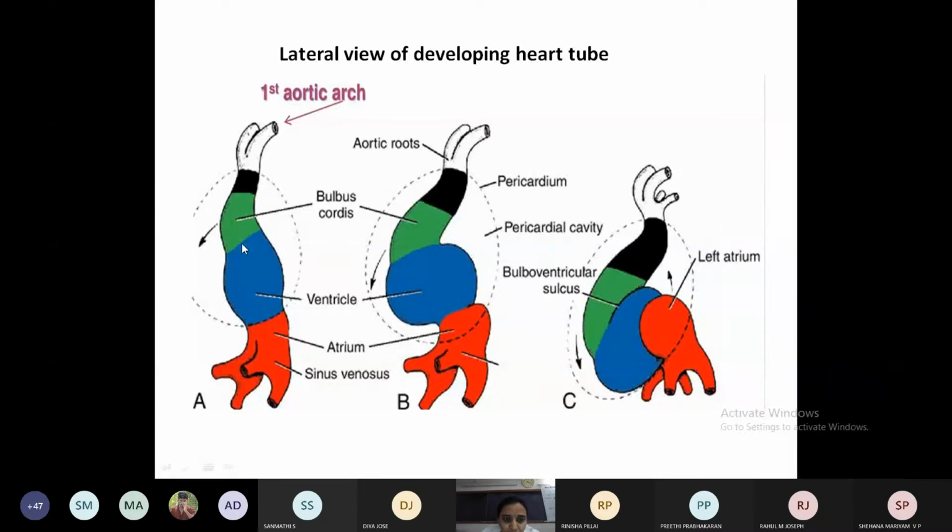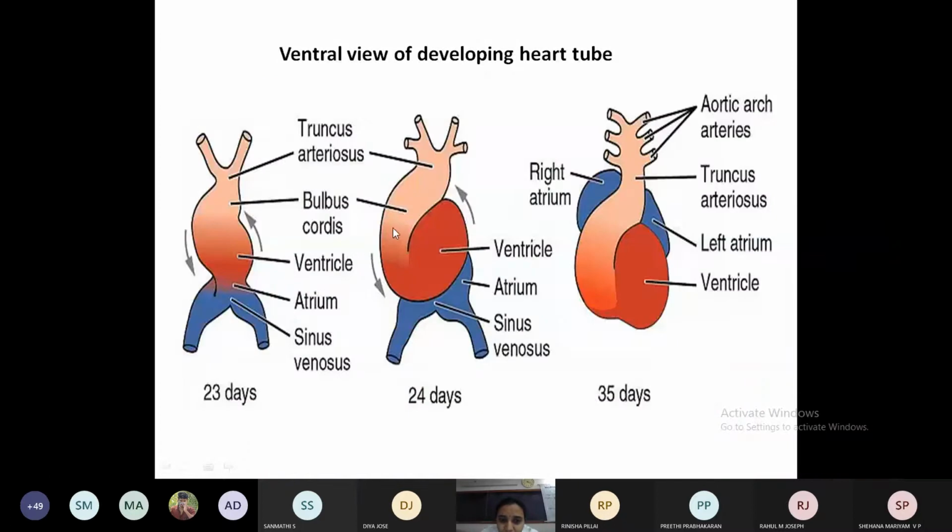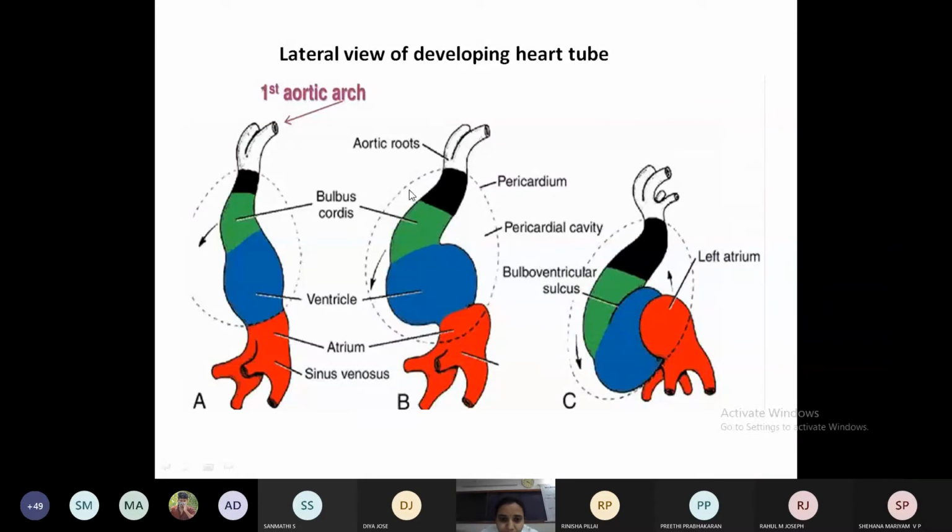After the 5 dilatations develop, the region of the bulbus cordis and the primitive ventricle folds forward into the pericardial cavity and forms a loop: a cranial loop formed by the bulbus cordis, and a caudal loop formed by the primitive ventricle. This bulboventricular loop bends into the pericardial cavity initially.